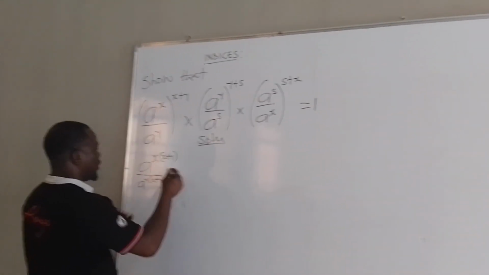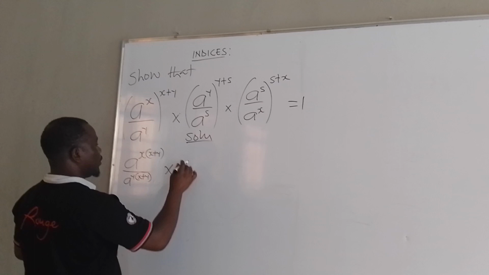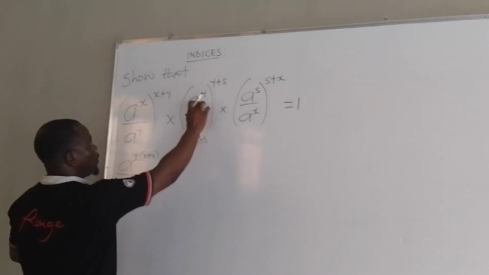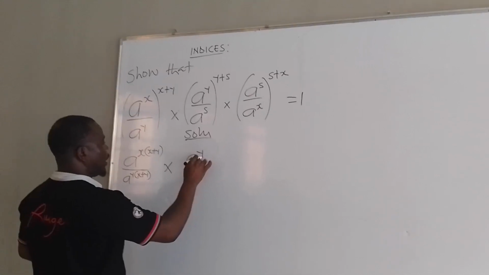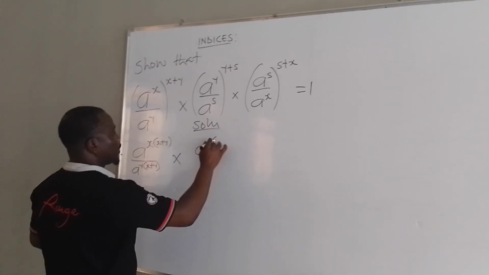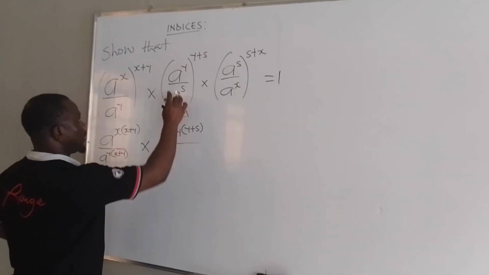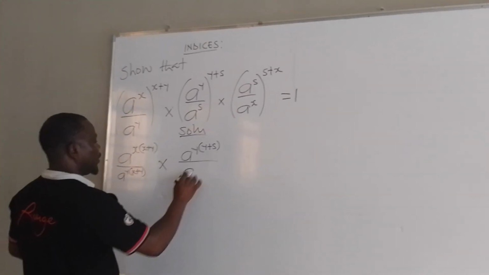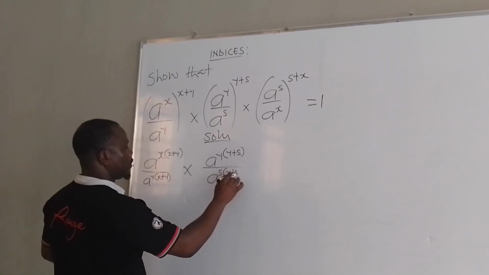What we have here, times. Let's look at this. The same thing is applicable. Using this numerator, that is a raised to the power y, open bracket y plus s, all over the same thing, it will affect a raised to the power of s, all in bracket y plus s.